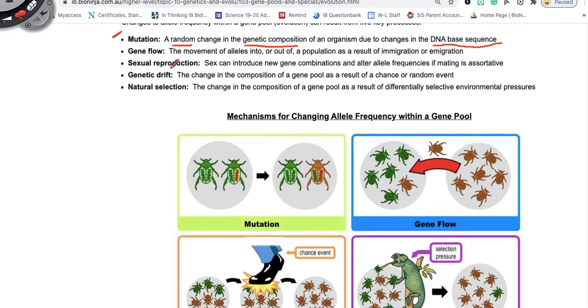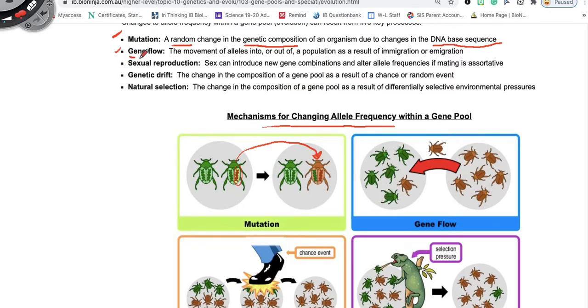If these mutations happen long enough, and this random change in that organism induces change in a population, then we have a mechanism for changing allele frequency. Here you see that one of the alleles got mutated, so there is some type of change driving the population change in that offspring.